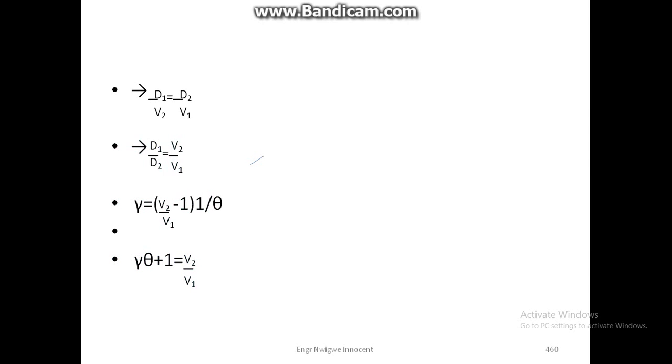Gamma theta plus 1 is equal to V2 over V1. V2 is equal to, in bracket, gamma theta plus 1 times V1. From equation 1, we know that V2 is equal to D1 V1 over D2.